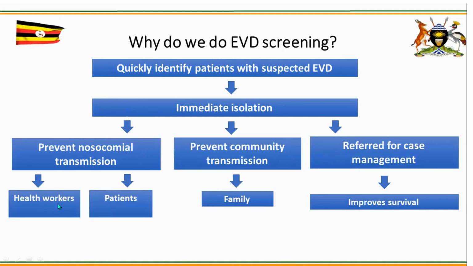So either it is you or your patients, and if the patient goes back, they would also infect their family members. So the best that we can do, therefore, is to screen all the patients and isolate them, so that we call KCCA to refer, so that they can evacuate the patient and we improve the patient's survival.